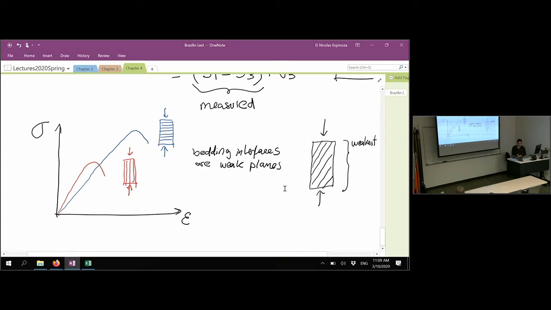So usually when you have these bedding interfaces aligned at around 60 degrees, that's going to be the weakest point for the rock. And what all of this means is that the strength of the rock is going to depend on the direction in which you load it.